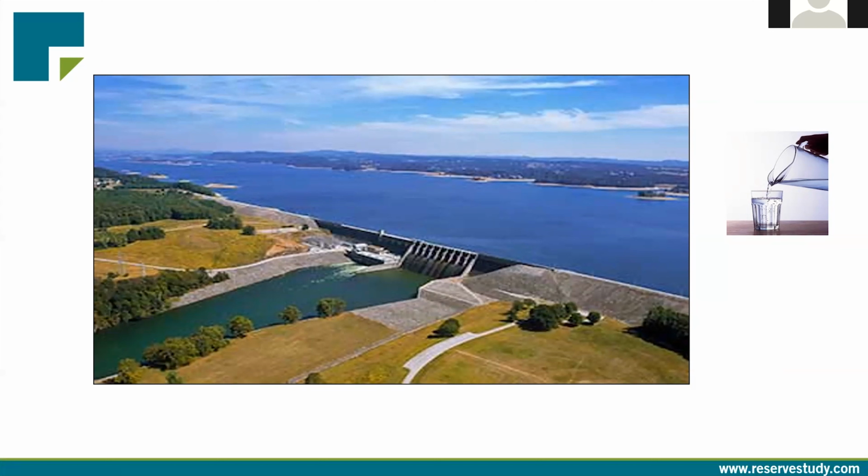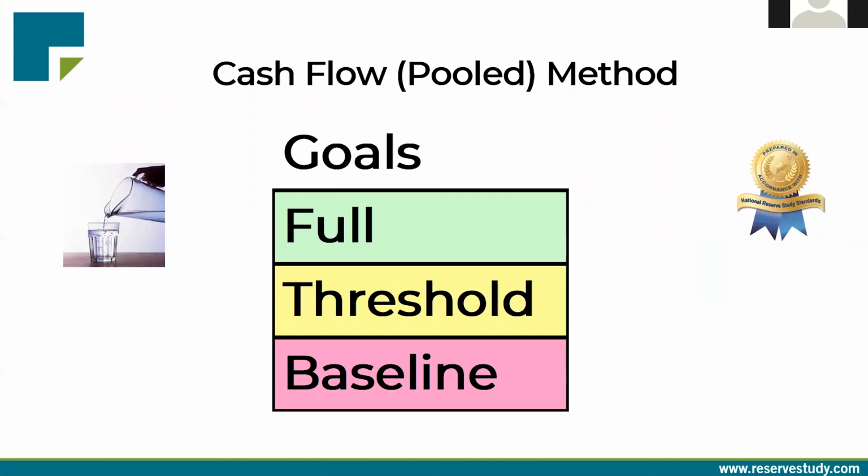Remember, both methods fund exactly the same expenditures. This flexibility in the cash flow method allows the user to create more or less margin, meaning it can be used to achieve any of the three National Reserve Study Standard funding goals: full funding, threshold funding, or the barely cash positive baseline funding goal, just by adjusting the funding going into reserves.